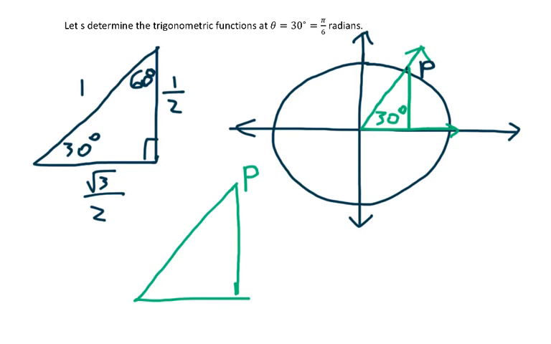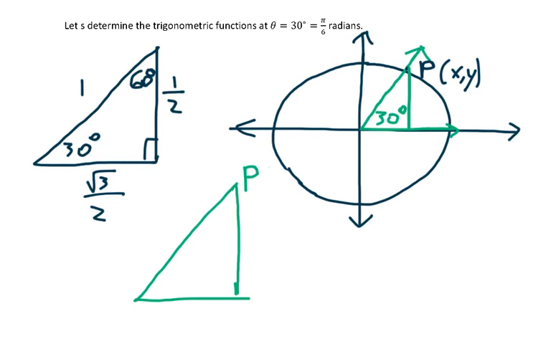P has coordinates x, comma, y. Actually, let me just make that a little bit nicer, just to make it easier to see, okay? Actually, got a better idea. Let me draw it up here. P has coordinates x, y, okay?